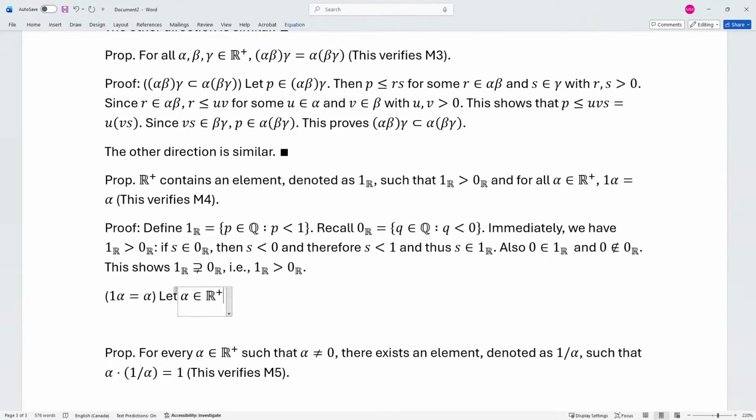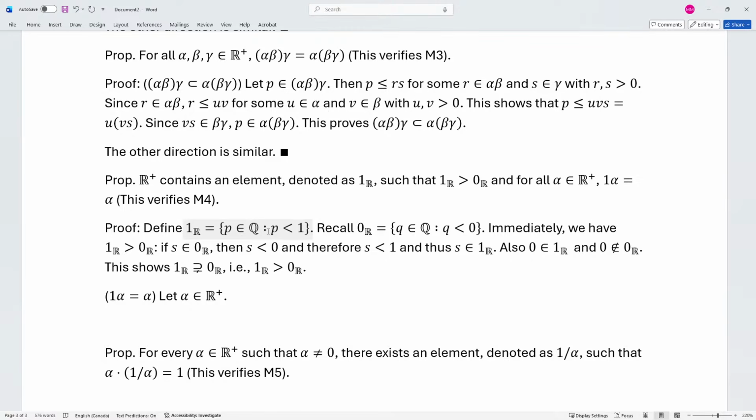Let's fix that. And we need to prove that 1 times alpha is alpha. Which direction is easier, do you think? Chat, which direction do you think is easier? Well, 1 times alpha equals alpha is an equality, right? So we need to prove double containment. Which one is easier?